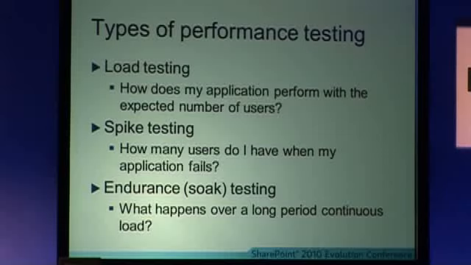That's basically trying to break the application. How many users do I have to load onto the server? How many requests do I need to push at the server before it falls over? And then endurance testing is also an important thing. Endurance testing will uncover memory leaks. Endurance testing will uncover where problems build up over a long period of time and will affect the performance of your site.